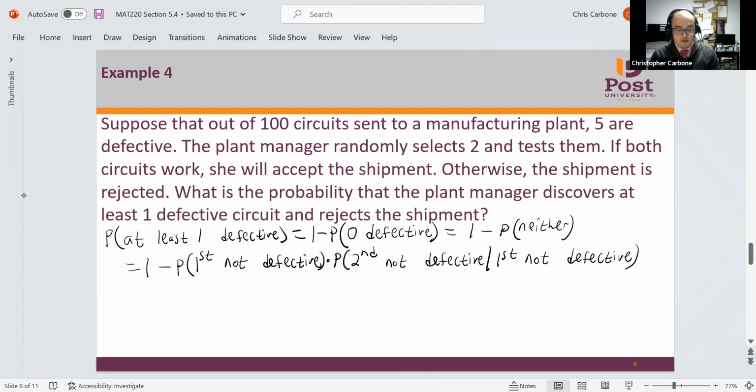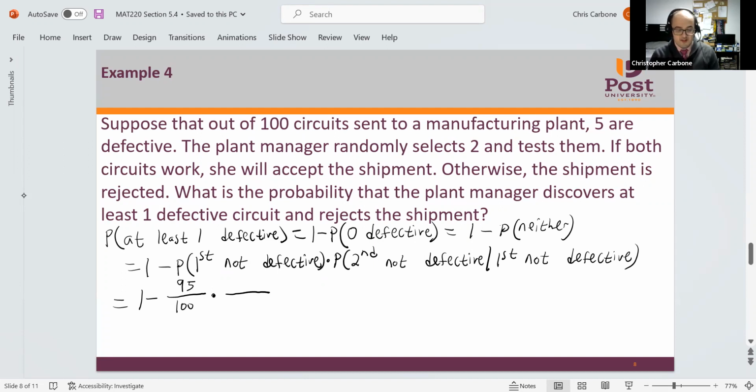So what is this? This is 1 minus the probability the first was not defective. There's a total of 100 circuits at this point, and 5 are defective, so there are 95 not defective, times the probability the second is not defective, given that the first was not defective.